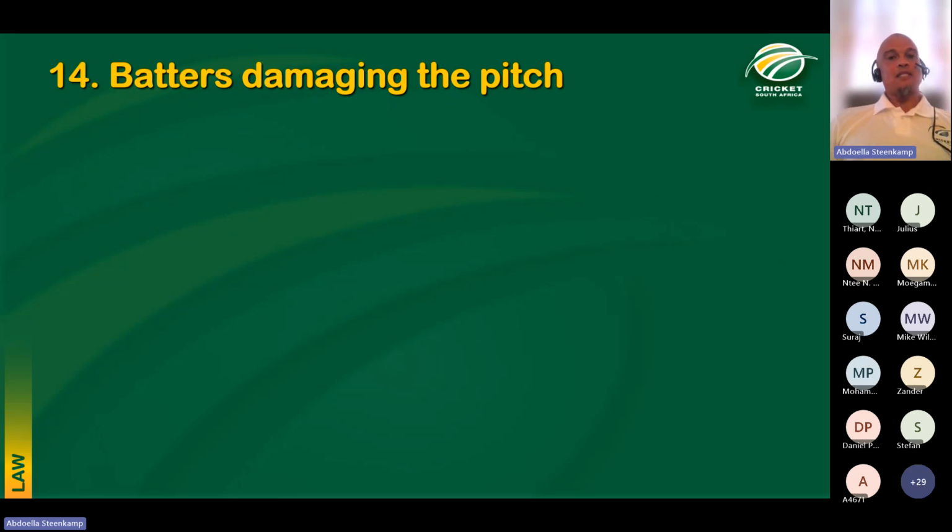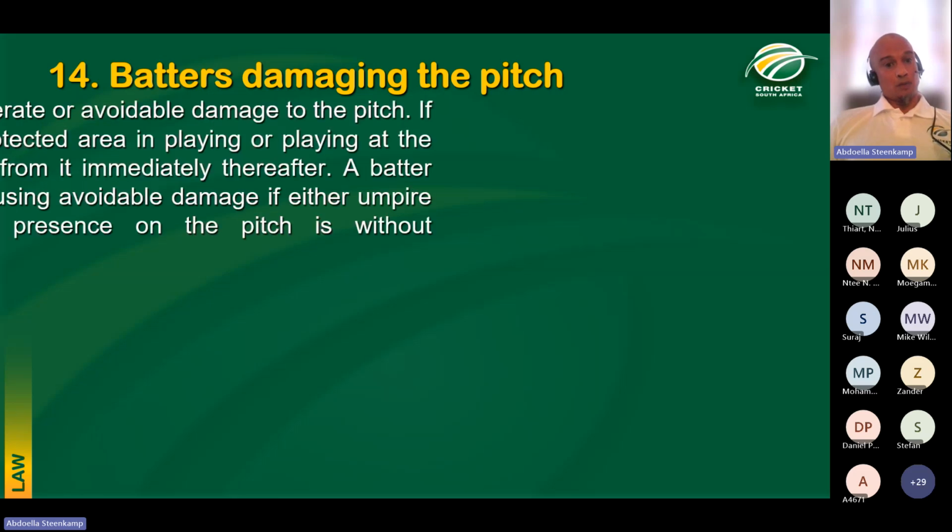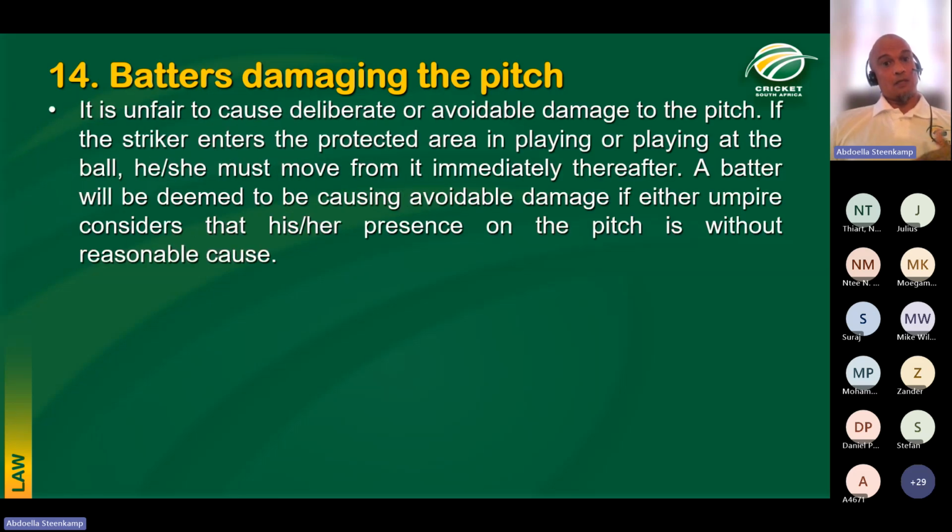Next, batters damaging the pitch. So we've now covered what happens if bowlers in their follow through run into the protected area. Now we're going to speak about batters when they damage the pitch. Again, the law guides us and tells us it's unfair for batters to cause deliberate or avoidable damage to the pitch.